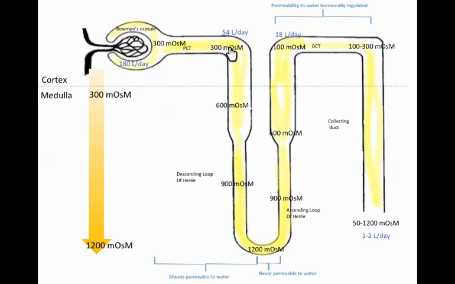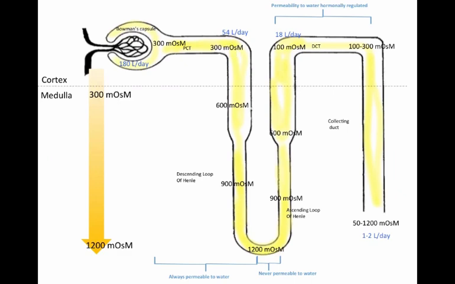By the time we get to the end of the proximal tubule, we are down to 54 liters a day. That means a tremendous amount, well over 100 liters a day, has been reabsorbed along the proximal tubule.